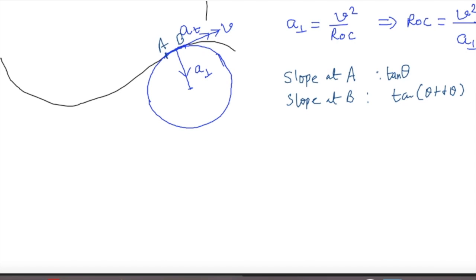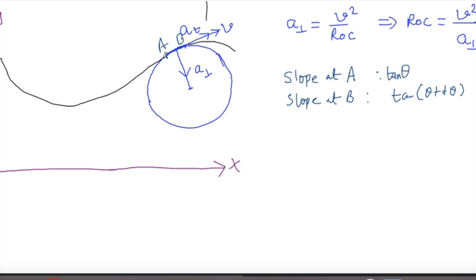I am assuming two perpendicular coordinates x and y here. So this is the x-axis and this is the y-axis.